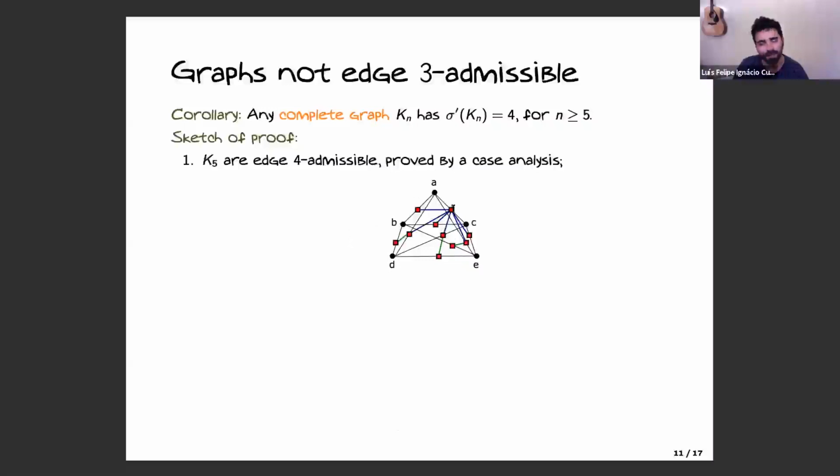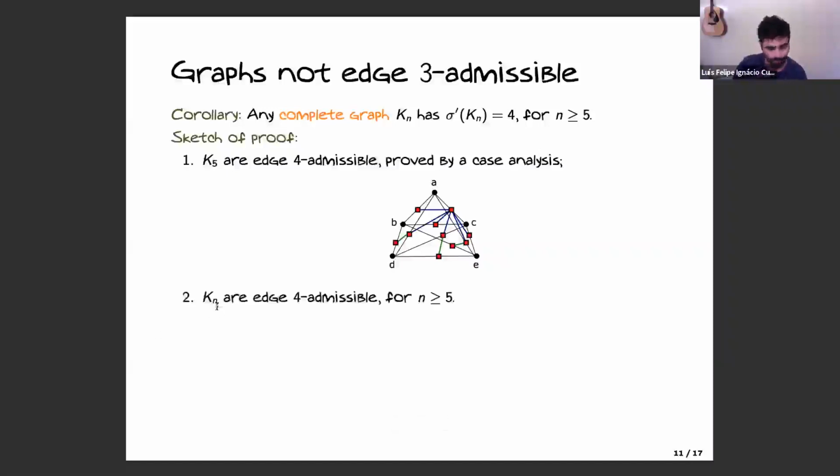Okay, so here is just an example. But if you see the vertices that are in this green edge, they are at distance 4. And for any other kind of spanning subgraph, spanning tree, that you consider here, we are not able to obtain a tree admissible one.